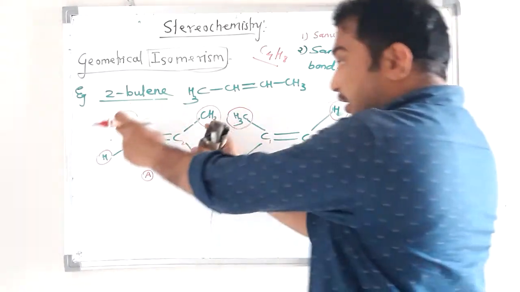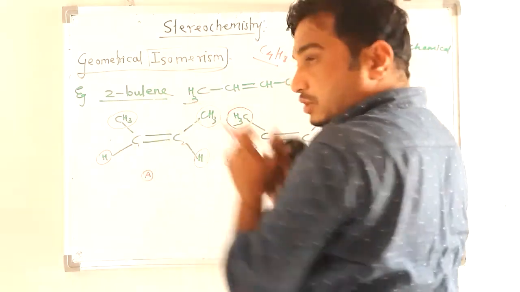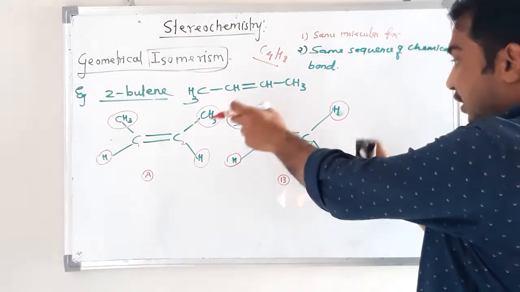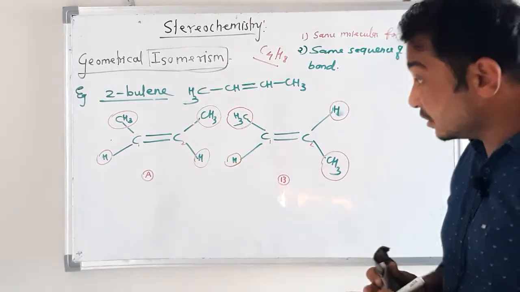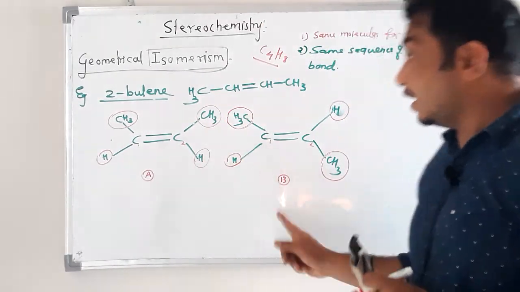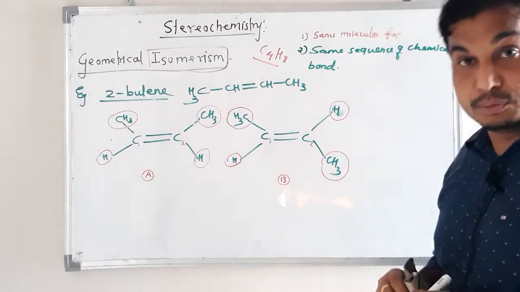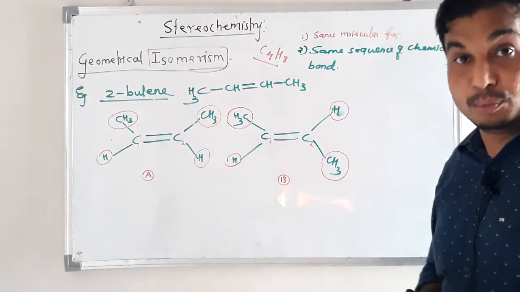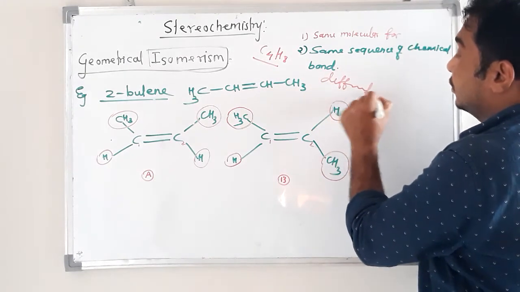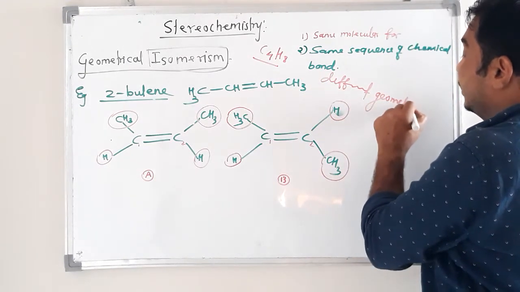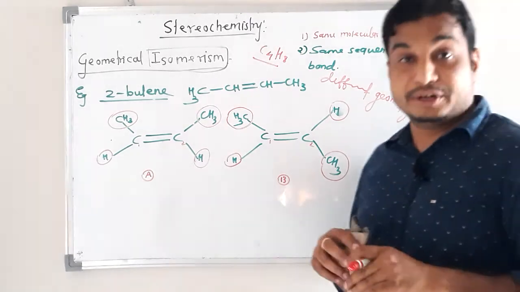Means, here identical groups are present on the same side across the double bond. Here identical groups are present on opposite sides. Means, these two structures A and B have the same molecular formula, the same sequence of chemical bonds, but different geometry. They have different geometry.